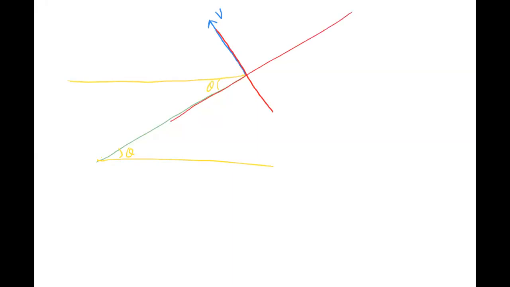I have taken this as the x-axis, this as the y-axis. Now remember that gravity is acting down like so. So this angle should be theta. This component of gravity should be g cosine theta. This component of gravity should be g sine theta.